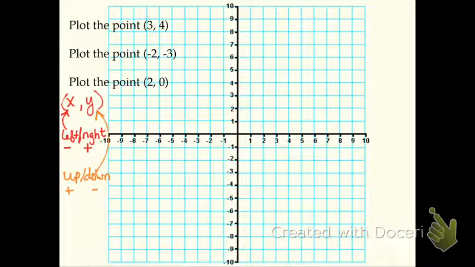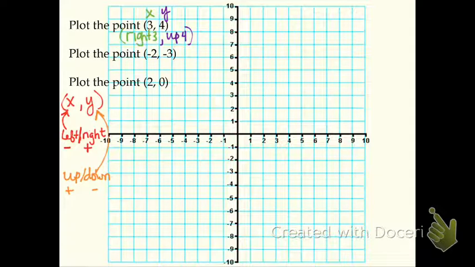So when we see the ordered pair 3, 4, the 3 is the x coordinate. It's a positive 3, so that tells me to go right 3. And the 4 is the y coordinate, and that tells me, since it's positive, to go up 4. And these directions, the right 3, up 4, that would be if you started at the origin.